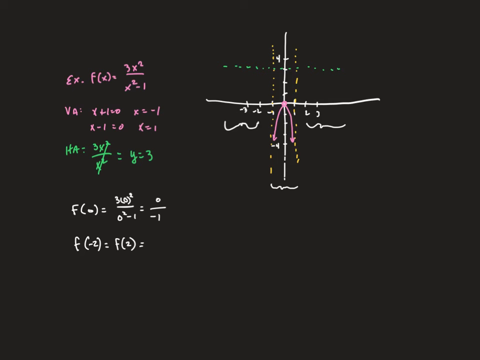I can go ahead and make it mathematically so. So I'm going to have 3 times 2 squared over 2 squared minus 1. So this is going to be 12 over 3 or 4, right? So at negative 2, we're going to have a 4. At positive 2, we're going to have a 4. So I know that this function exists up here.